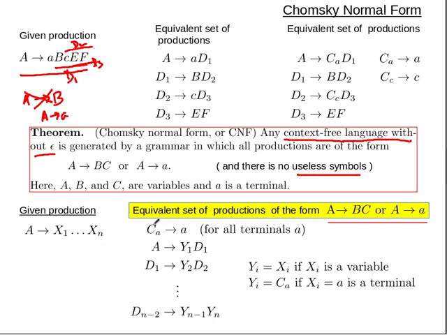Then we introduce these new symbols for all terminals a. Then the production can be broken down: we take the first symbol x1 and the remaining part is D1.